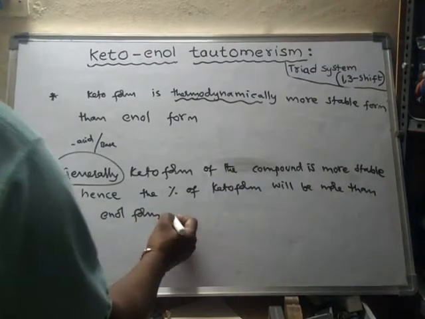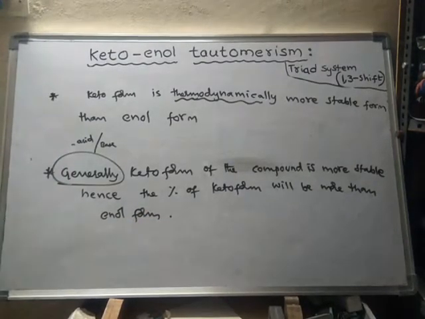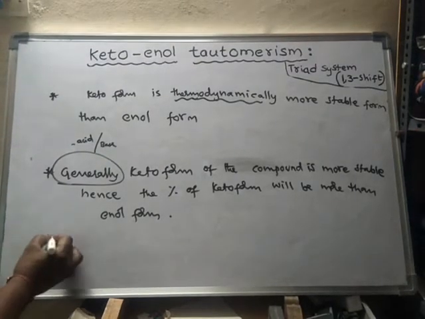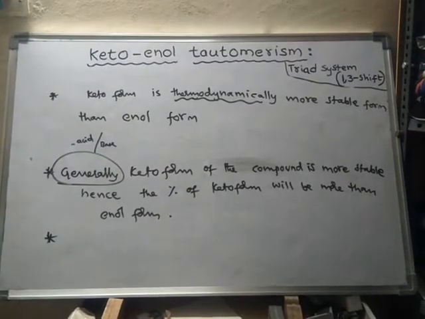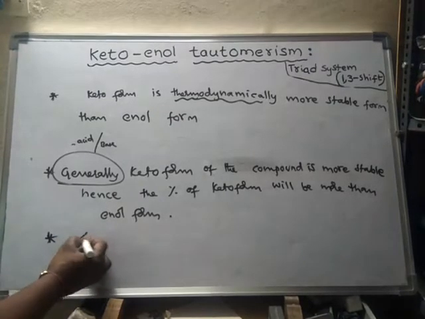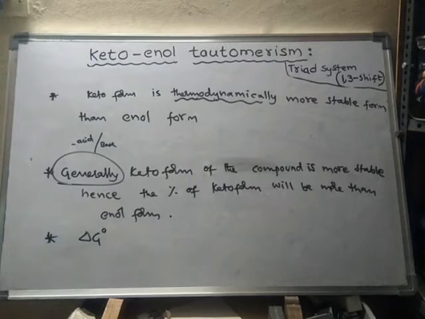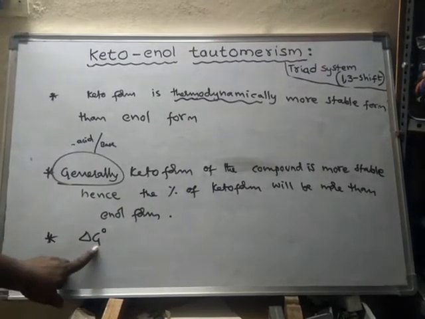But it is not necessary that keto form is always more stable than enol form. Sometimes enol form also becomes more stable due to certain other factors. We will learn those factors. Before learning those factors, one more point we have to learn. There is a change in Gibbs free energy of keto form, delta G naught. Delta G naught means Gibbs free energy.